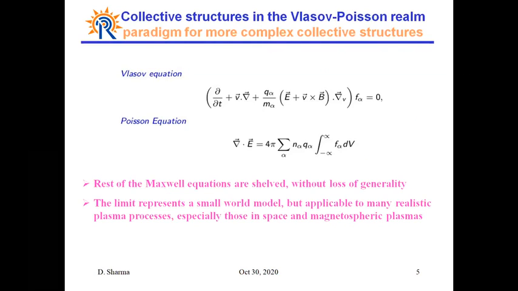So you can always translate the stability analysis to full electromagnetic problems. Of course, the linear representation is a small world, but still this range, the Vlasov-Poisson range, is applicable to a vast range of structures which are seen in nature, especially in the space plasmas and magnetospheric plasmas, which are very close to Earth.